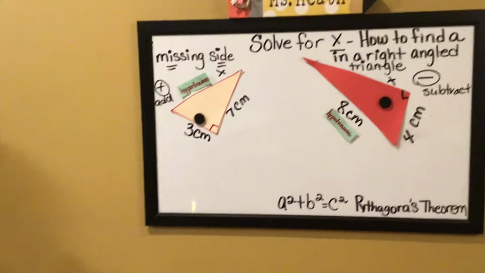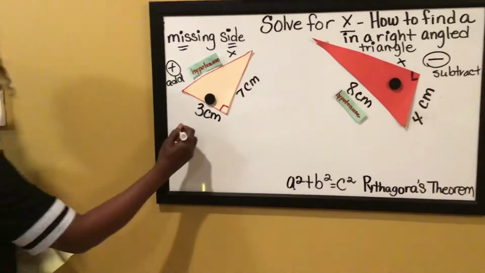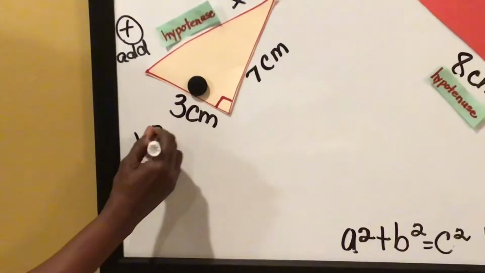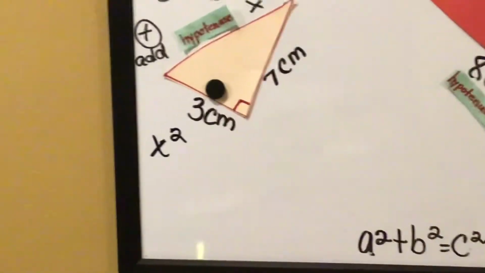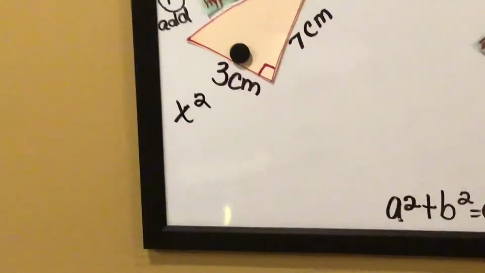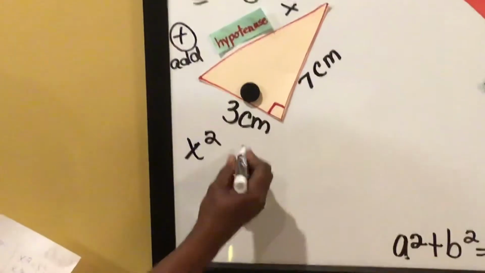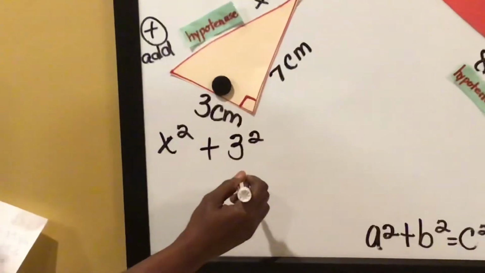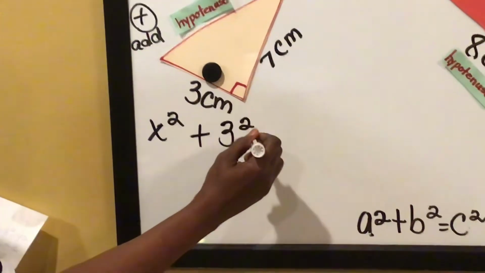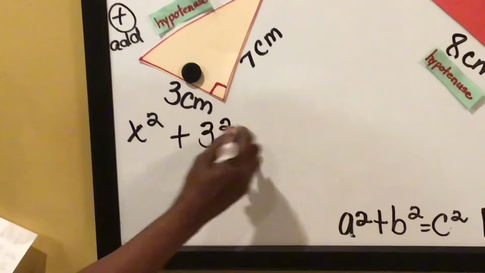Now watch what I do. Here we go. I'm going to bring down my x squared, okay? And I'm going to write my 3 squared because this is a side. So remember I said just add it. Plus 7 squared. No, I'm sorry.